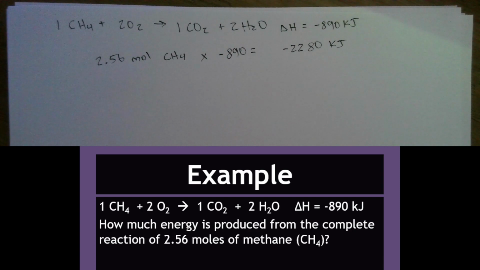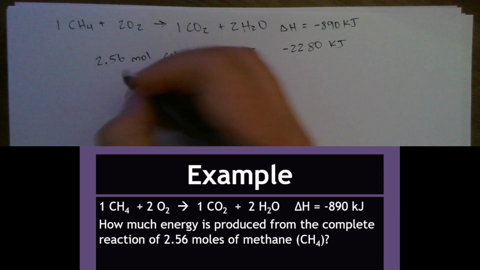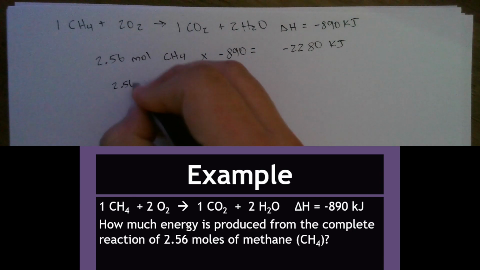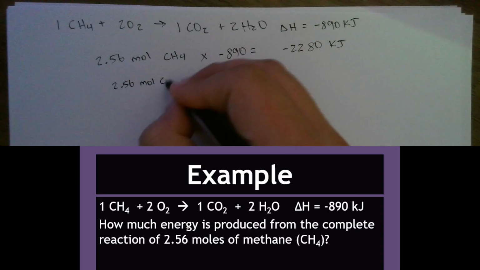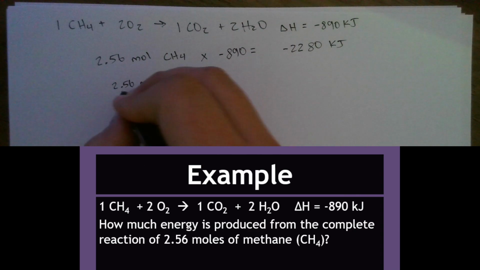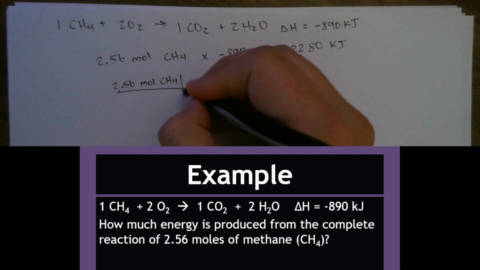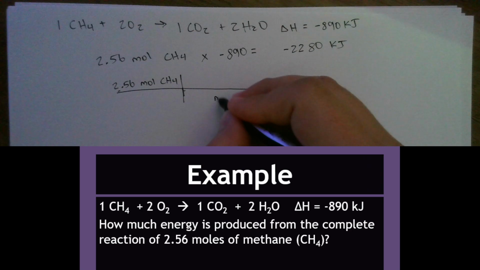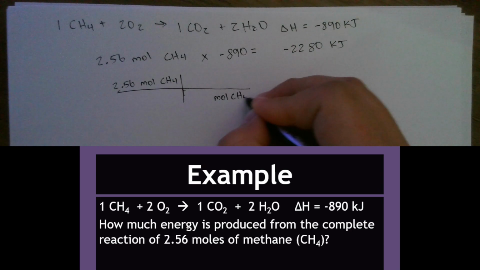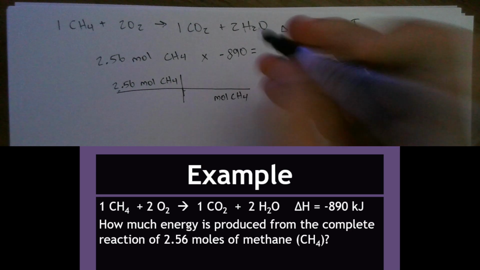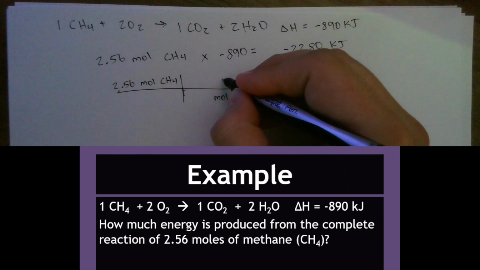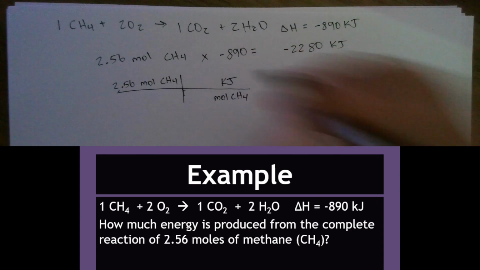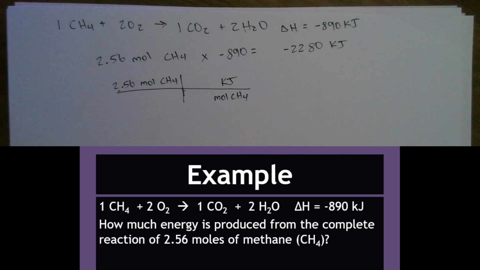We can set this up like a unit conversion, and I'm going to show that as well, like a more traditional stoichiometry. So I have moles of CH4 on top, so I'm going to put it on bottom to cancel. And what I want to know is the kilojoules of this reaction.